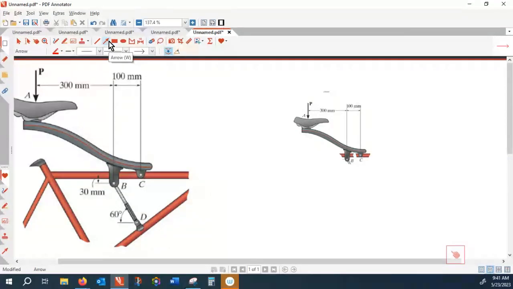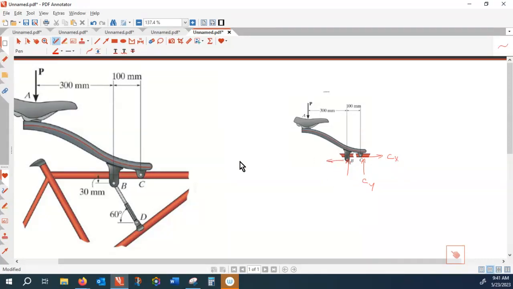So if I assume that the forces are under tension, there is one vertical force here, and here also there are. So that is Cy, Cx.